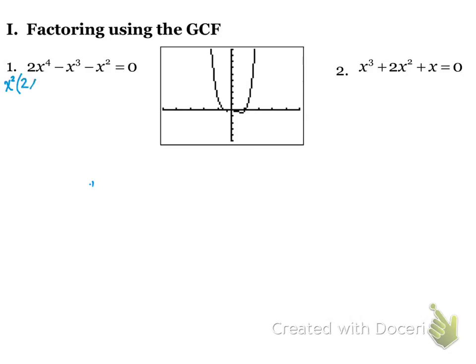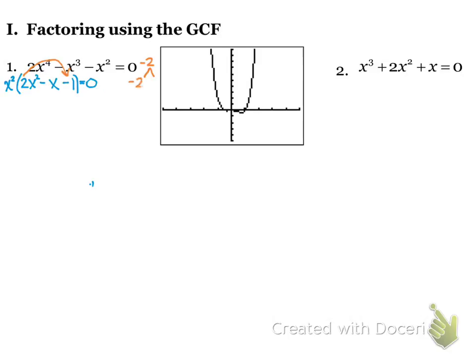2x squared minus x minus 1. And that's set equal to 0. So we need to factor using decomposition, or factor by grouping, essentially. So we have a times c, which is -2, and then what multiplies to give you -2 that adds to give you -1, that middle term?